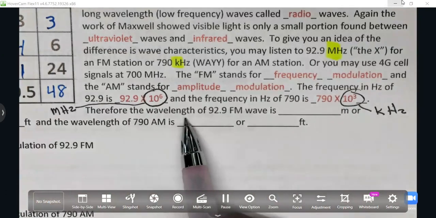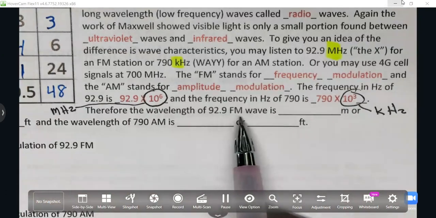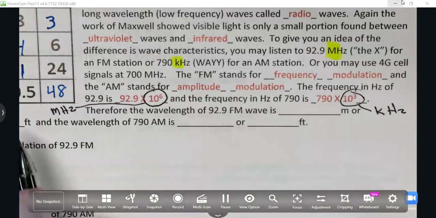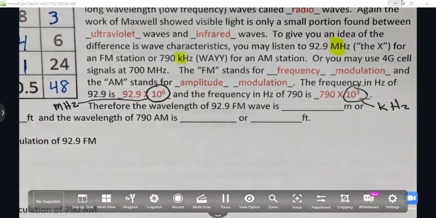Therefore, the wavelength of a 92.9 FM wave is blank meters or blank feet. Now, let me ask you a question. Can you listen to a station at a farther distance on AM or FM? AM by far. But AM interferes if there's an electric fence on the farm, it will beep at you.